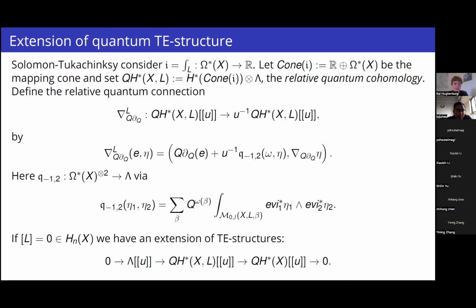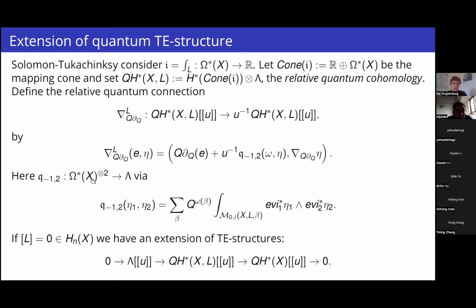Sorry, did you have a question? Wait, but I thought this Q is an operator, but it seems you have a pairing here. This q minus 1, 2, it is in some way a pairing, yes.